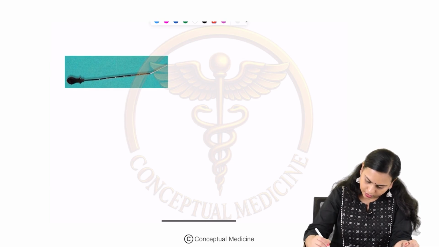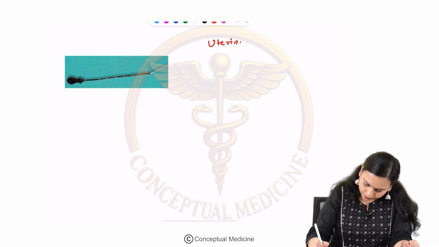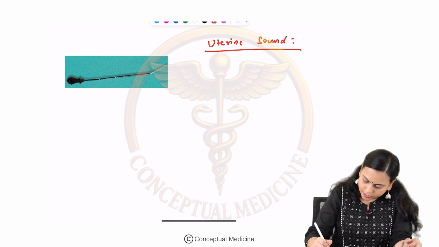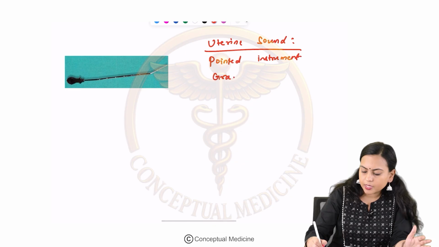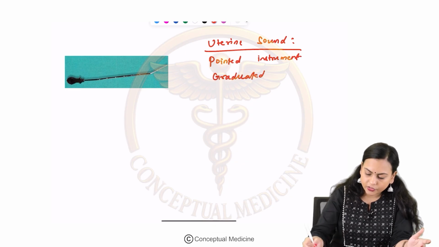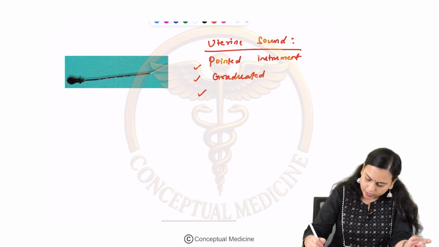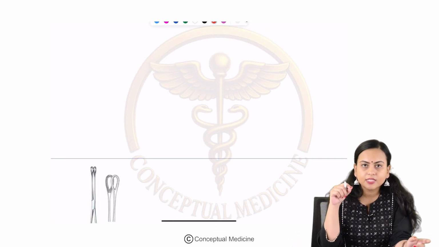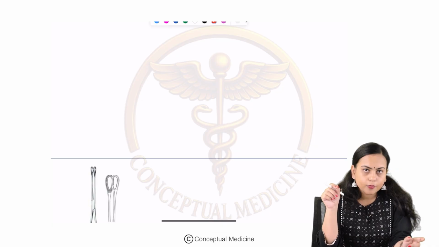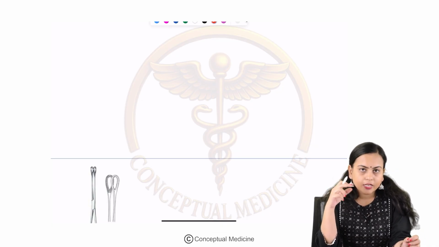Next one is the uterine sound. If you see, this is a pointed instrument. It is graduated, means it has markings on it, and it is usually made of metal. This is the first instrument that you are going to pass into the cervix to know the length of the uterus.